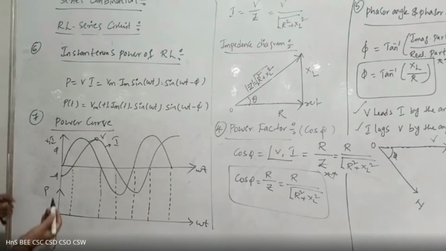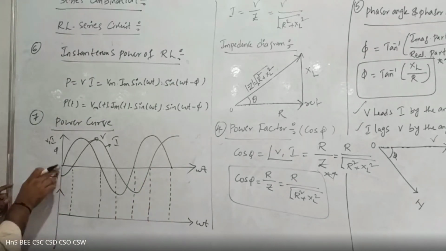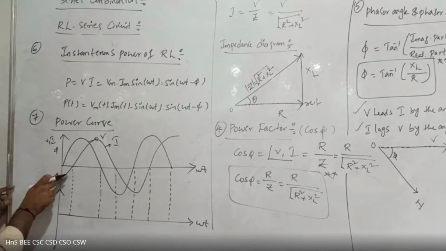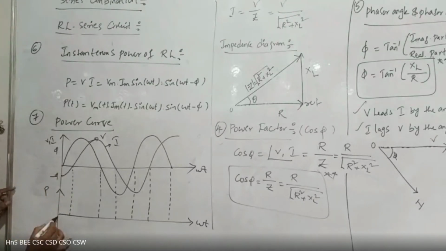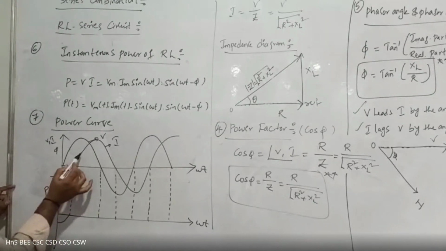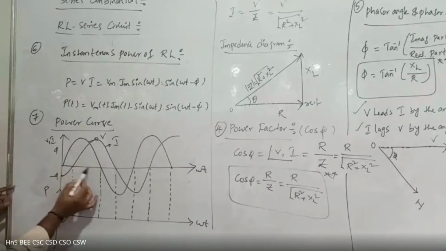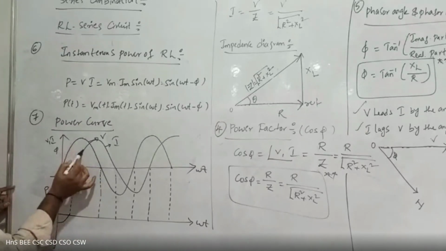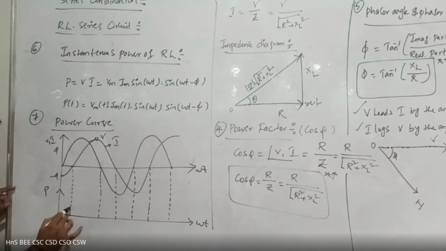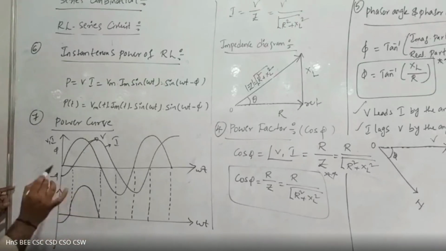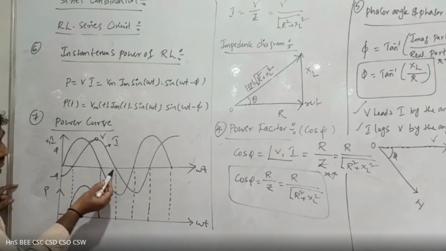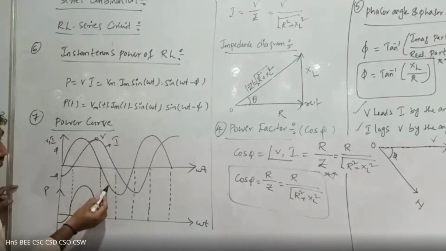Okay. Sir, see, this is a negative value. These are positive values. Negative into positive is negative. Simply, I have to take this one as a negative value. Now coming to positive into positive: in between these two points, voltage and current are both positive, so I take a positive value. Now in between these two, we have a positive value as well as a negative value.